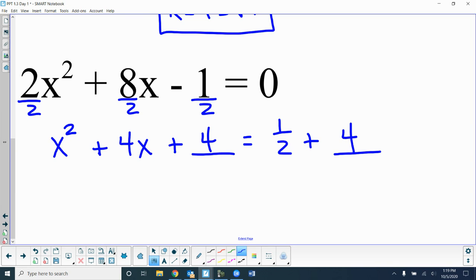Okay. So take that b value, take half of it. Now, if the b value is odd, let's say it was a 5, all right, write it as a fraction. Put the 5 over 2, just like I did the b over 2. And square the 5, which is what? 25, and square the 2, which is 4.